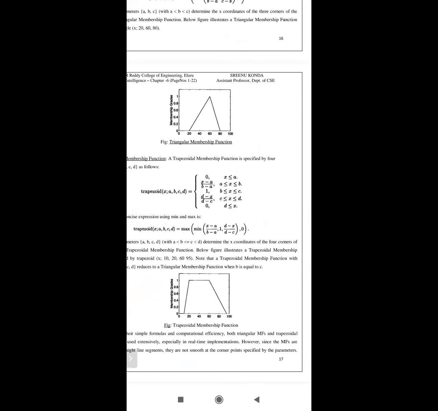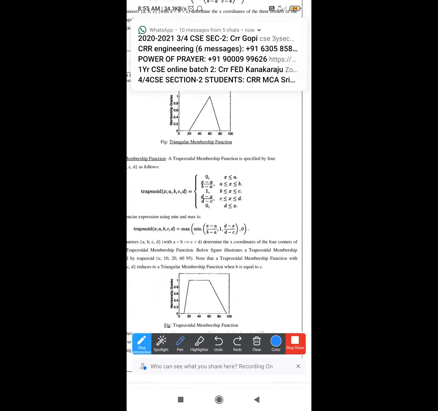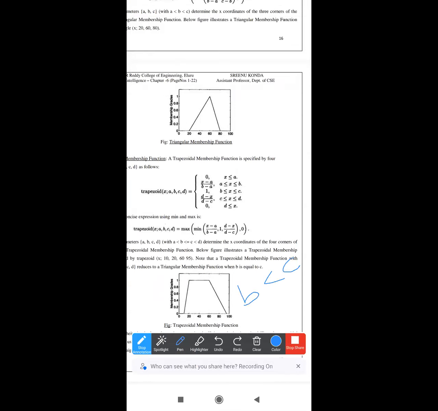When b is less than c, then we get this one. Otherwise, when b is equal to c, then we get the triangular one.